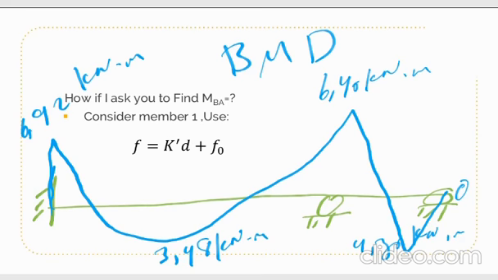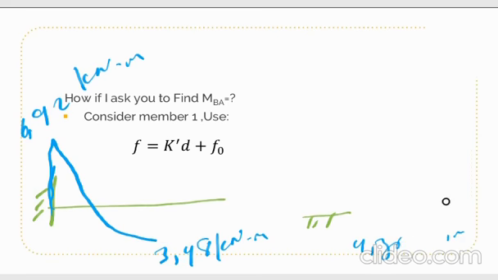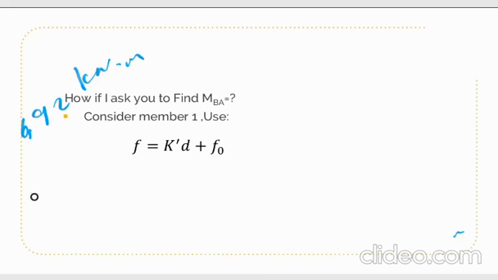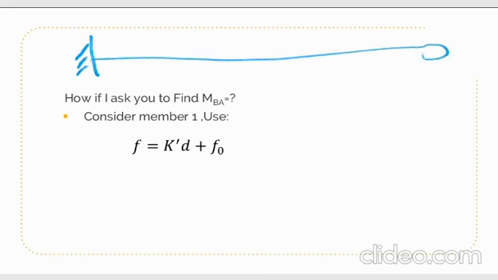Okay, let's go to shear, how we can calculate it and draw the shear force diagram. You can try by your own and check the values or result. So our beam is like this. The moment here is 6.92.